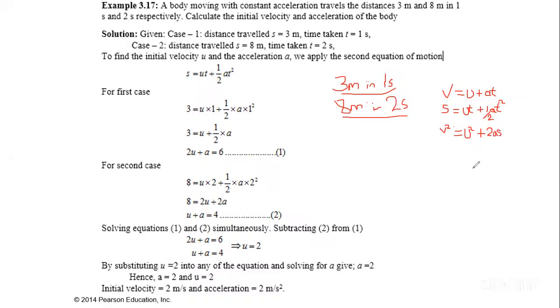Now, each of these equations has 4 parameters. So for you to find any parameter, you must have 3 known. If I want to find V, I must know U, A, and T. If I want to find U, I must know V, A, and T. At any given time, I must have 3 parameters to find the 4th one.